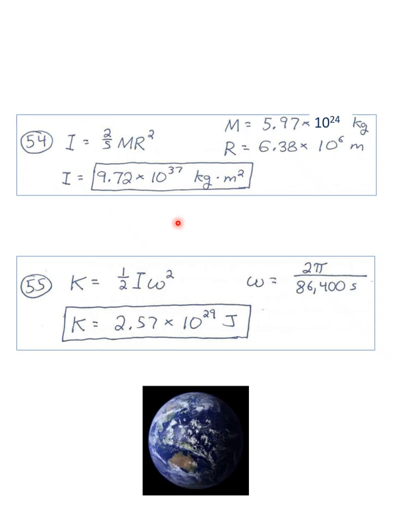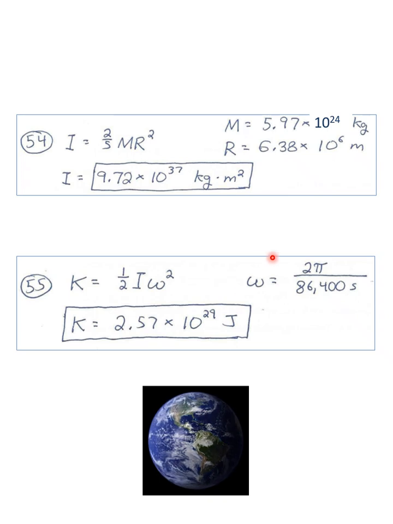Number 55, use your answer to the preceding problem to find Earth's rotational kinetic energy. All right, kinetic energy is 1/2 I omega squared, and we got I for number 54. But we need omega. So how many radians per second does it take for Earth to spin around? Well, it'll spin around once.